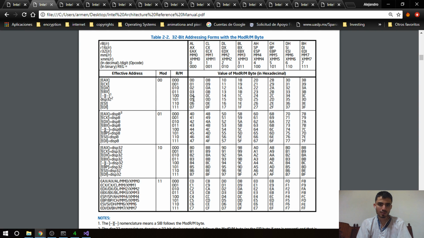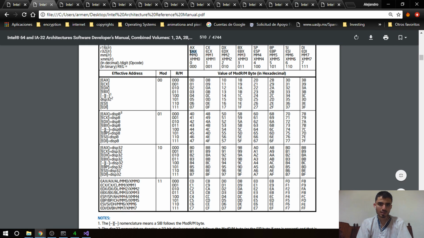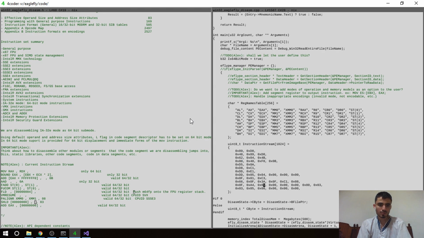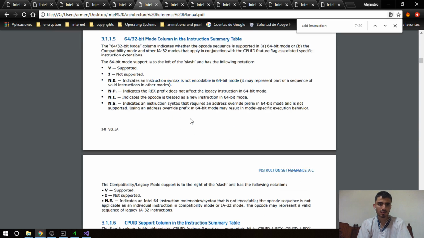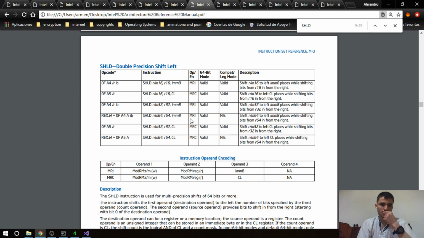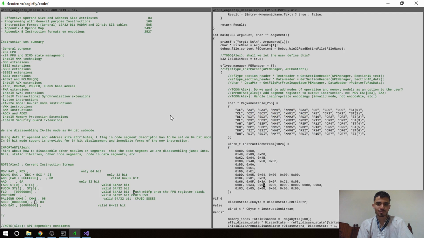So we have O5, that means we are using EAX. And an immediate 8 that should be sign extended. So we got that wrong, so let's fix that as well.